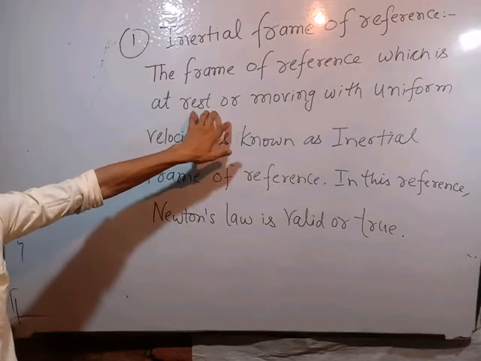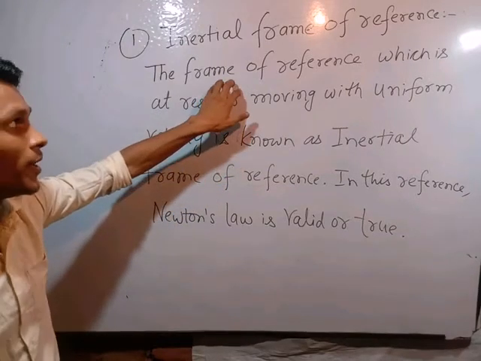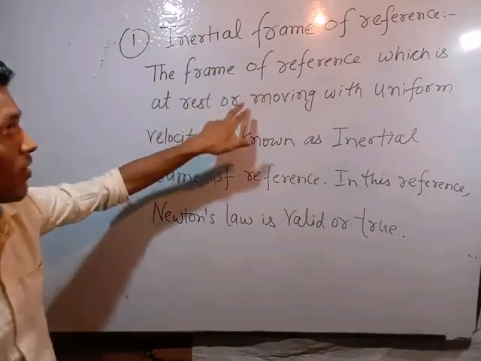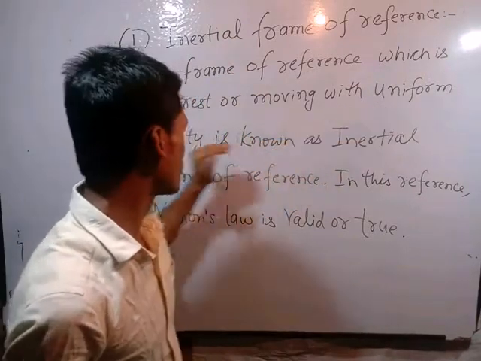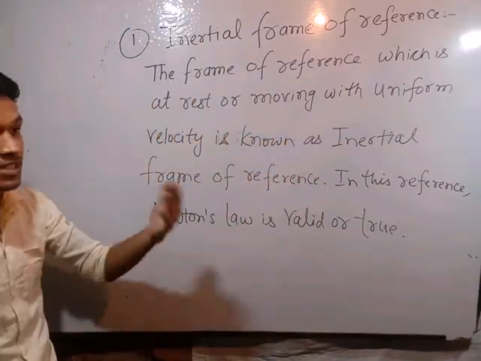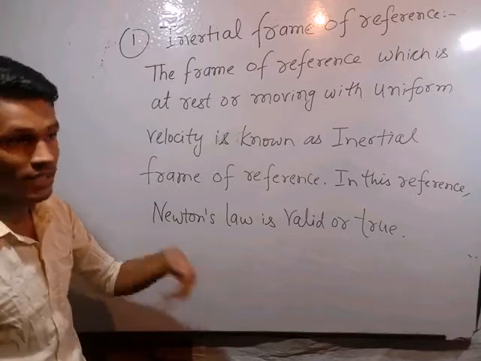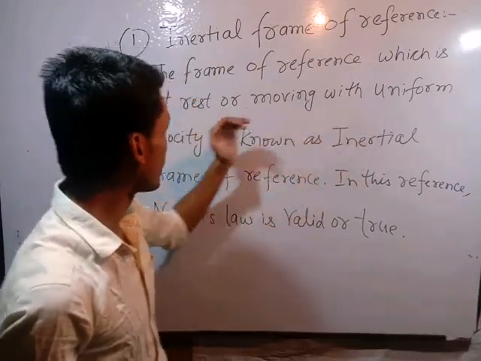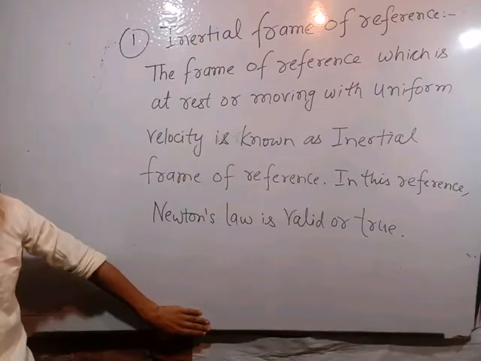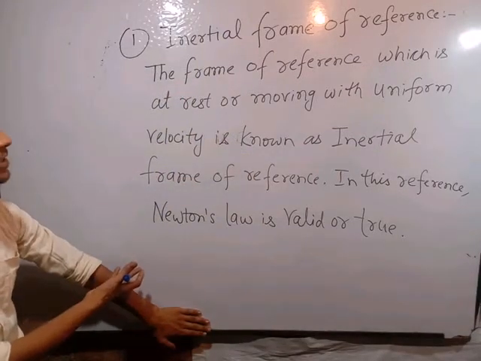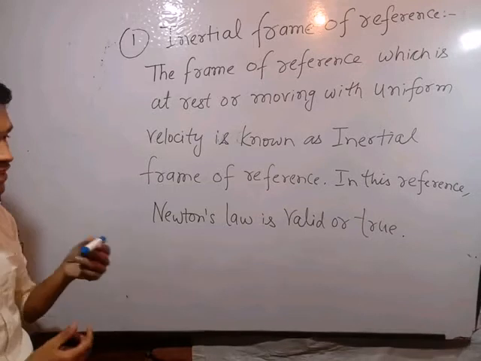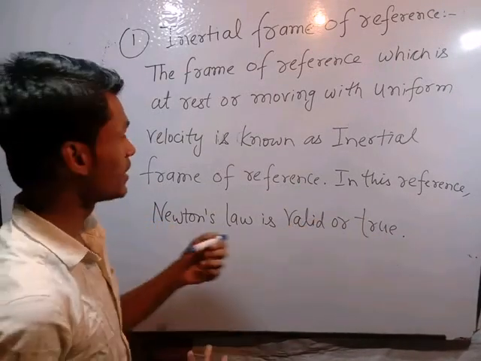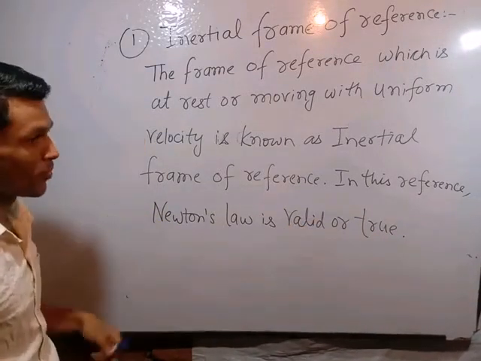Any object which is at rest, then we call it the inertial frame of reference, or moving with uniform velocity, means it covers distance with the same speed in the same interval of time, then we call it uniform velocity. Suppose this is at rest, then we call it inertial frame of reference. And suppose this marker is moving with uniform velocity, then we say it is an inertial frame of reference.